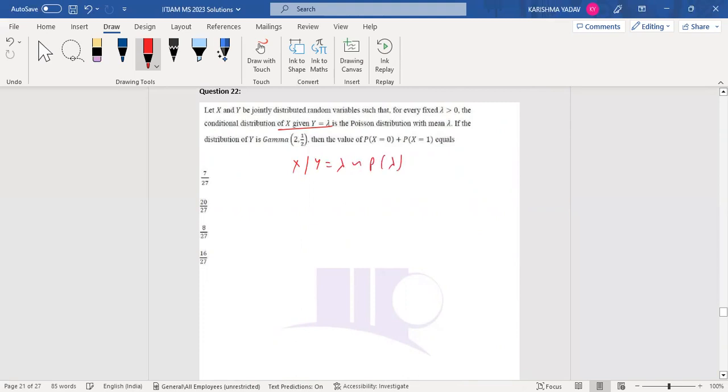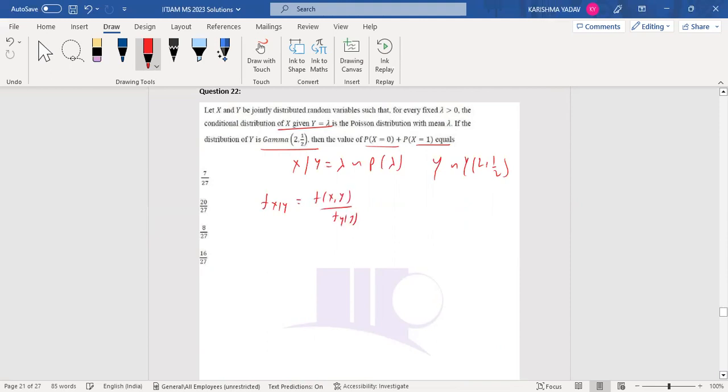If the distribution of y is following gamma 2 comma 1 by 2, then find the value of probability x equals 0 and probability x equals 1. Okay, let's find that. So we know that f of x given y is equal to f of x comma y upon f of y.